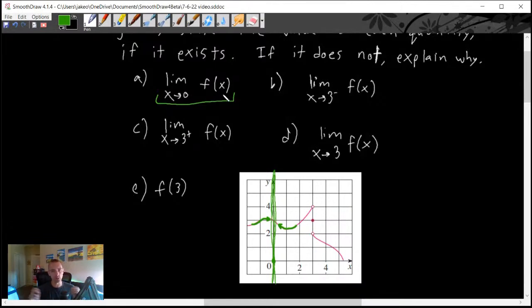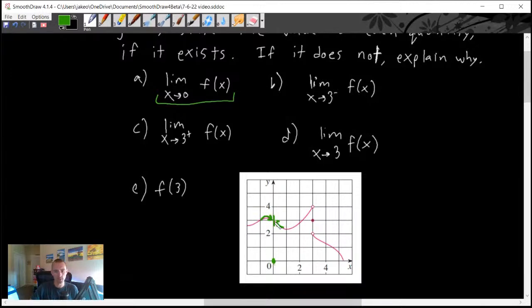What y value do we close in on as our x gets closer and closer to this x equals 0 value? So in this case, you can see as our x gets closer and closer to x equals 0, basically closer and closer to this point right here, what y value, if you imagine being that little ant walking along the function, do we get closer and closer to?